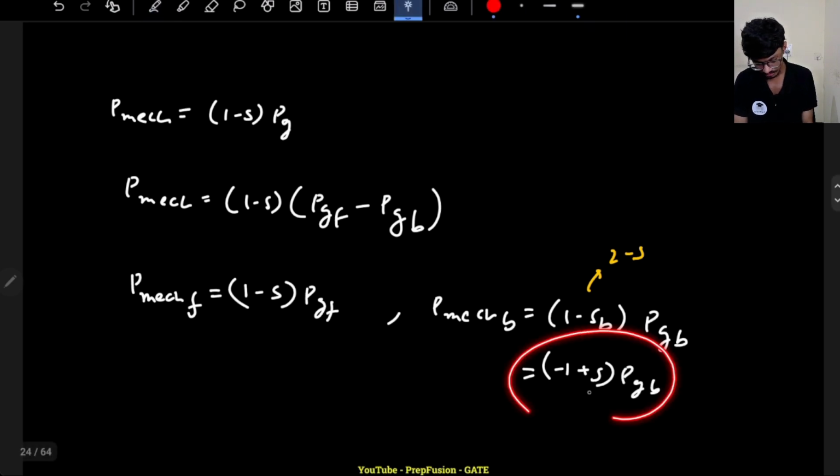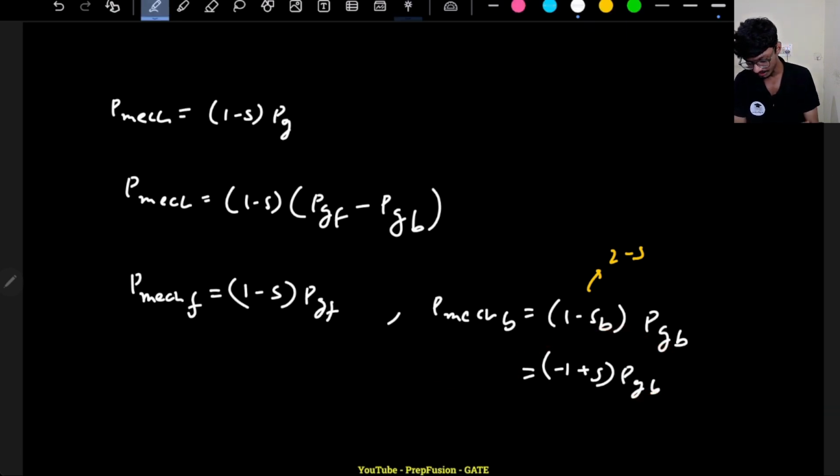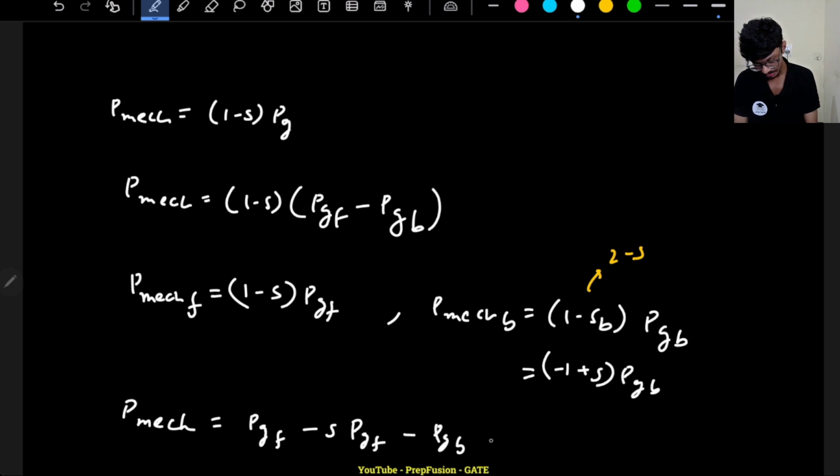So what will be the overall mechanical power? Overall mechanical power will be the superposition of the two. So it will be PGF minus S into PGF, and this will be minus PGB plus S into PGB.